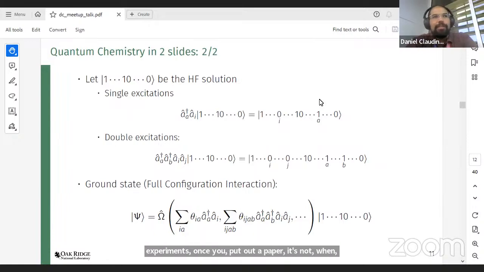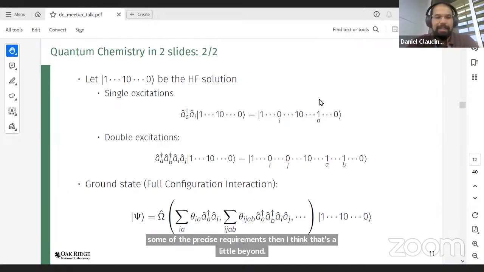It's still fairly advanced because it uses an algorithm called phase estimation, which was deemed impossible for near-term hardware until this application. But in terms of actual implementation and precise requirements, that's a little beyond my level of knowledge.